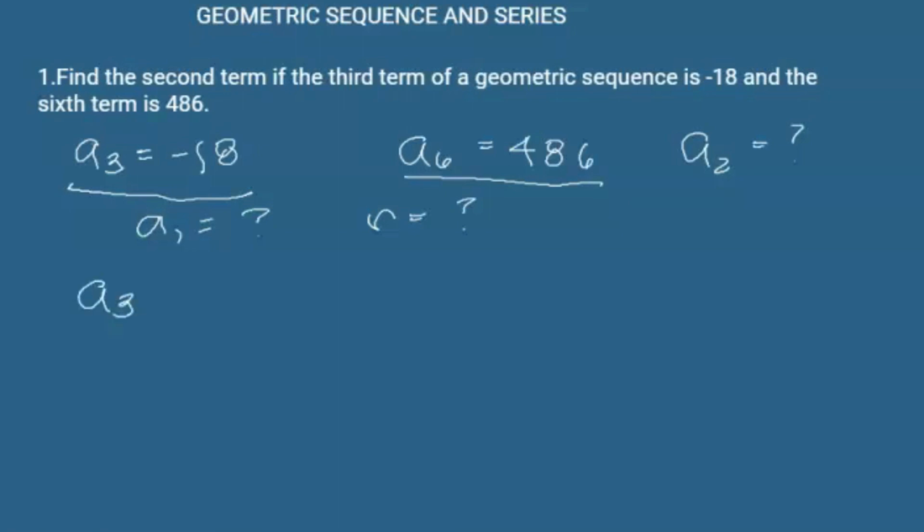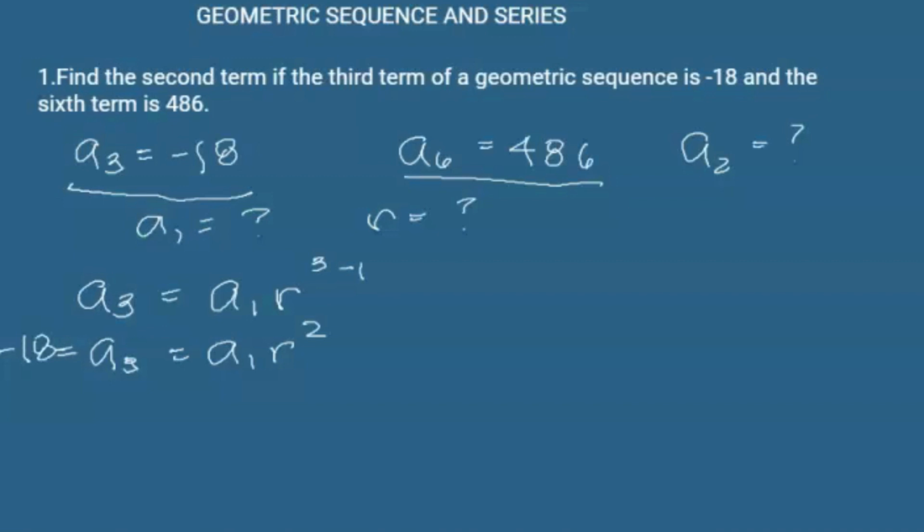If we need the third term, the formula is a sub 1 times r raised to n minus 1, where n is 3. So that would be a sub 3 is equal to a sub 1 r squared, and a sub 3 is equal to -18.